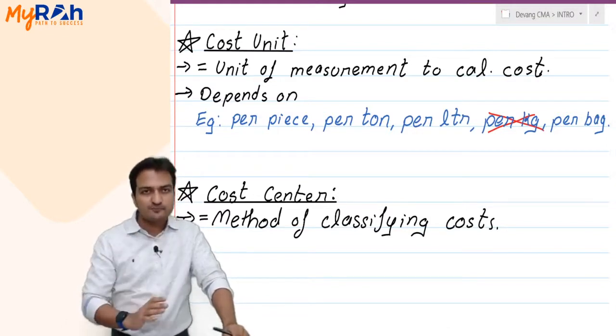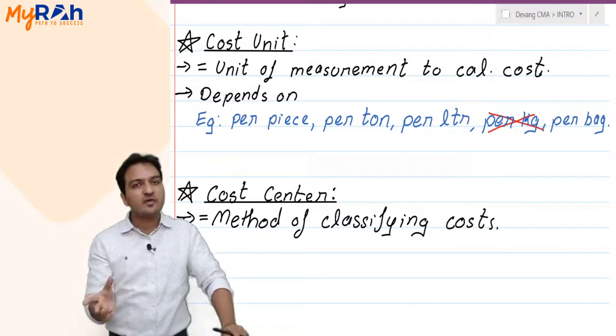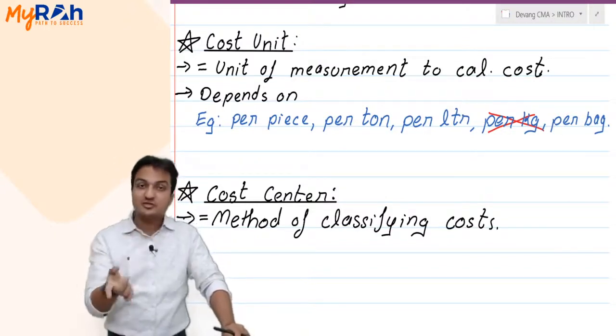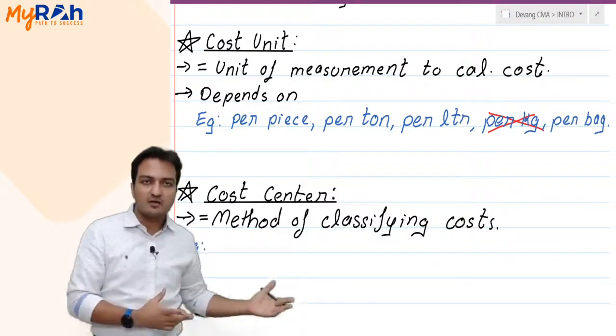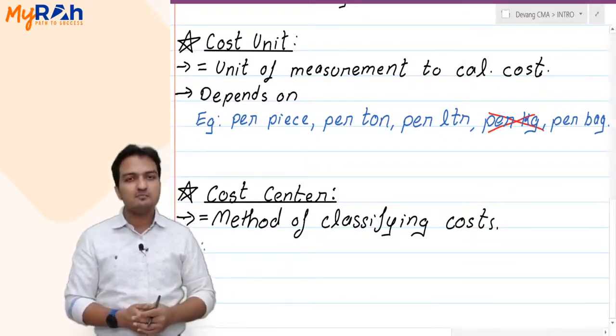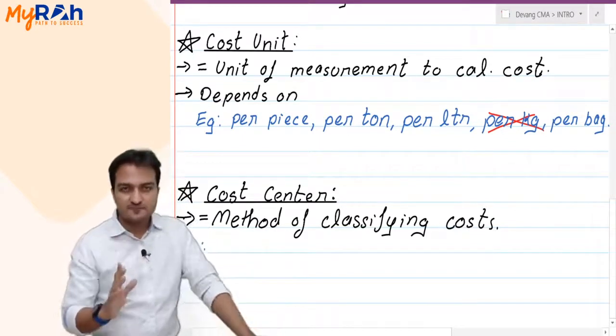Why so? Well, cement can be measured in terms of kgs. Yes, cement can be measured in terms of bags also. Then why do I follow the measure of per bag while calculating cost? Because cement is sold in terms of bags.